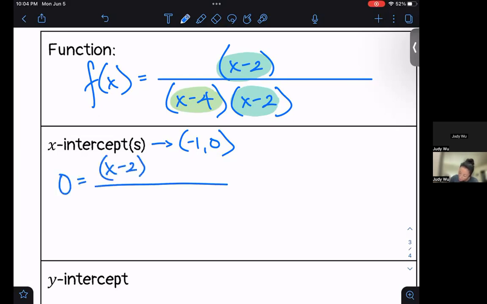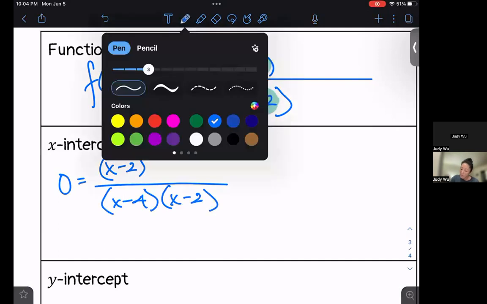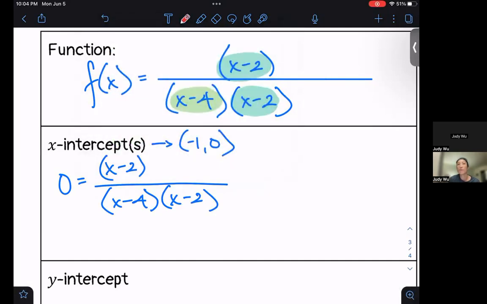Let's copy down what we have so far. X minus 4, x minus 2. That's the start to our function. But remember, we talked about how the only way to get 0 out of a fraction is if the numerator is 0, and that we don't actually care so much about that denominator.